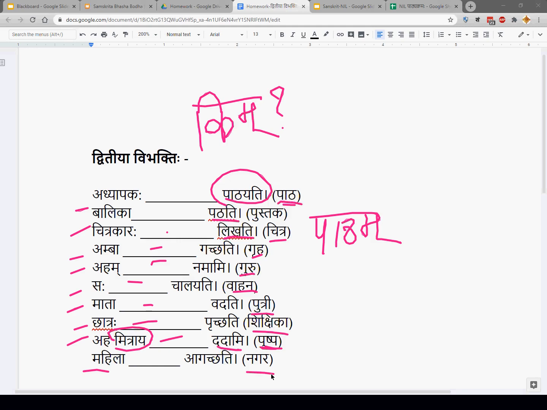So she is coming to the city. As we know, both Gacchati and Agachati will have a karma padam, an object word in the sentence, indicating the destination of Gacchati or Agachati.